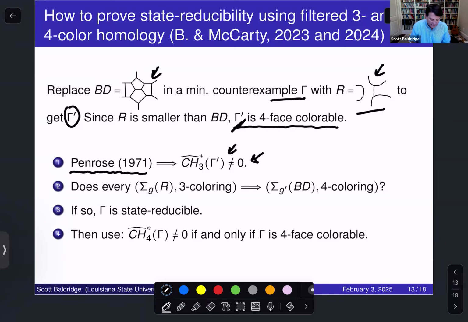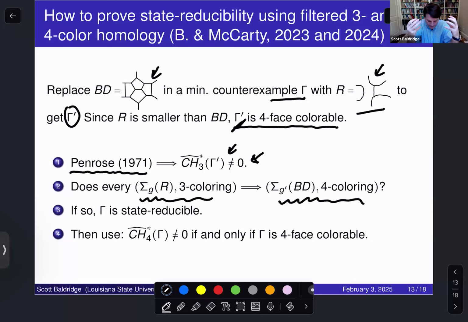And then the question is can I take that 3-face coloring and build a 4-face coloring back on the Birkhoff diamond? Because if I can, then that means that my 4-face coloring homology is non-trivial.